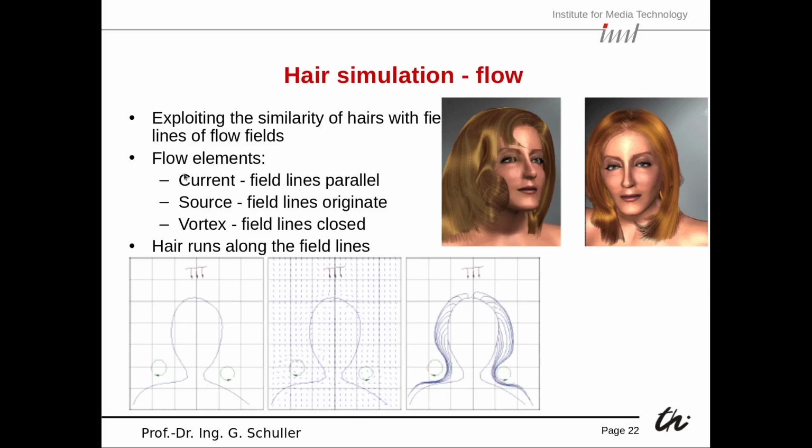Those flow elements are the current, where field lines are parallel, and a source, where field lines originate at the head, and then we have vortex field lines which are closed, and hair runs along those field lines. You can see it is modeled like a force field, and you can also see it curls. In this way you can model the inherent forces of the hair with limited complexity.